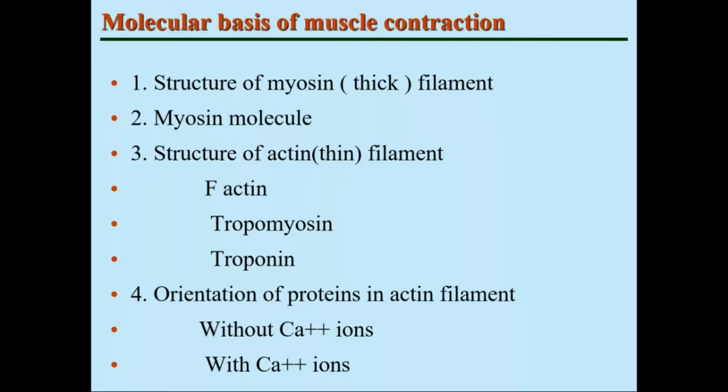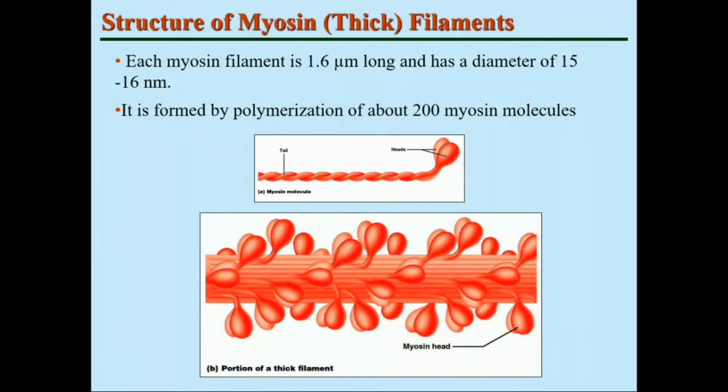And finally we'll study the orientation of proteins in the actin filaments in presence of calcium ions and in absence of, or under low concentration of, calcium ions. So we start with the discussion about the structure of myosin filaments or the thick filaments.